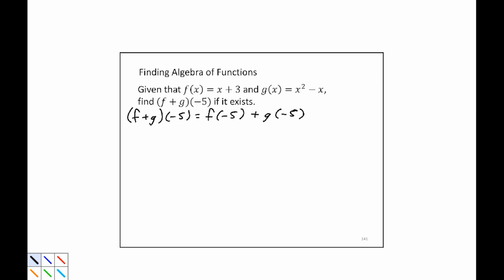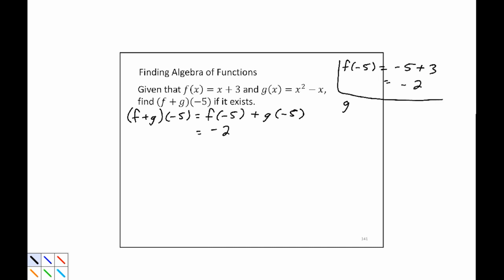Now on the side, I would like to figure out what f of negative 5 is. Well, because our function f of x is x plus 3, that would be negative 5 plus 3, or negative 2. So I'm going to replace this value, f of negative 5, with negative 2. That is one side note.